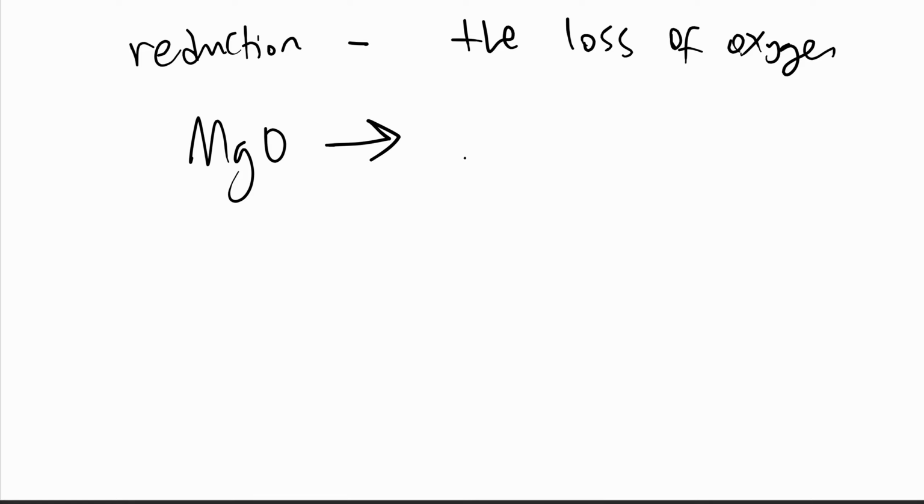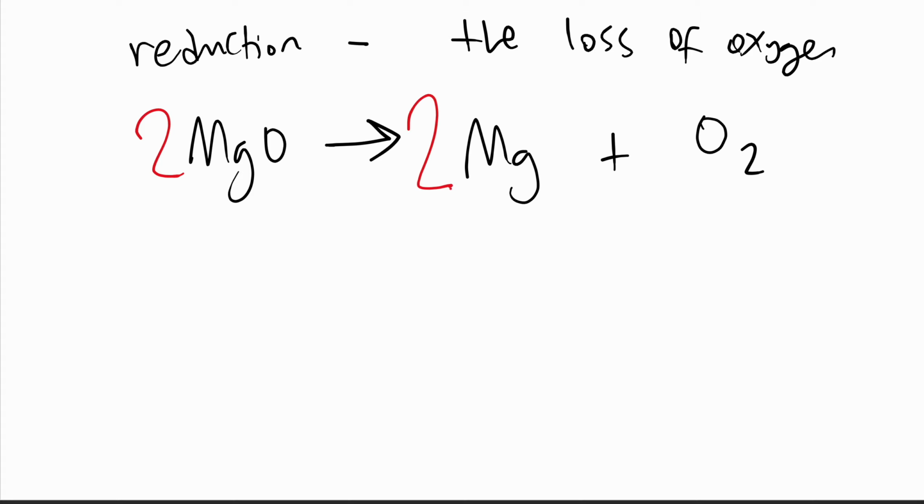Well, what would we do? We would get magnesium, and we'd also get oxygen. But oxygen is always diatomic, it always exists in pairs, so O2. Then we have 2 oxygens on each side, so we can balance it out: 2 magnesium oxides, and 2 magnesiums. So the magnesium has been reduced because it lost its oxygen.